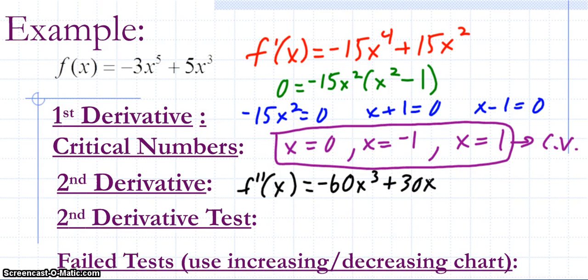So now the second derivative test tells us to plug in our critical values from the first derivative and see what we get. So f double prime of 0 is 0. So this tells us we have to use our increasing and decreasing chart from the first derivative because the test failed since we got 0.